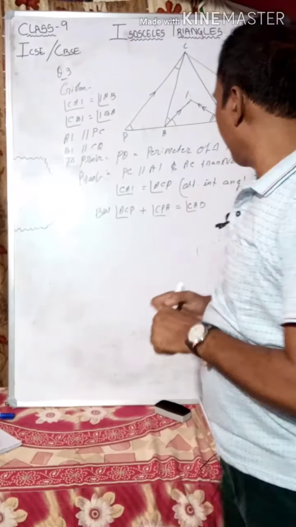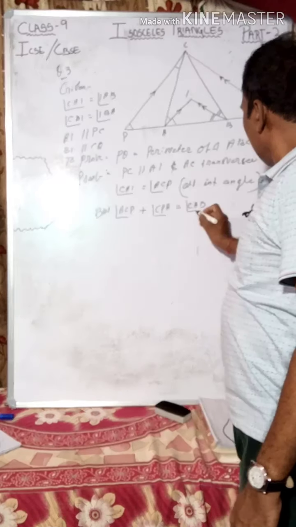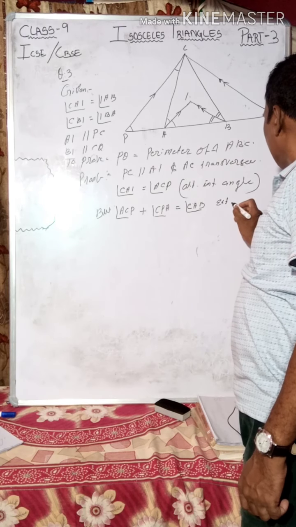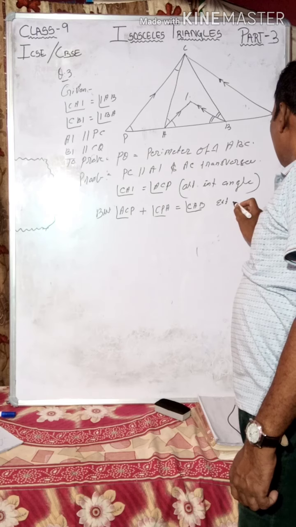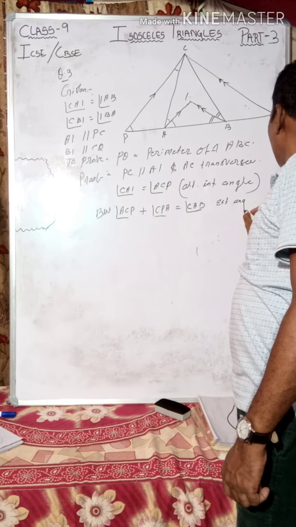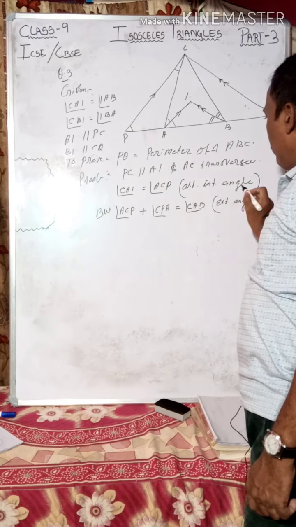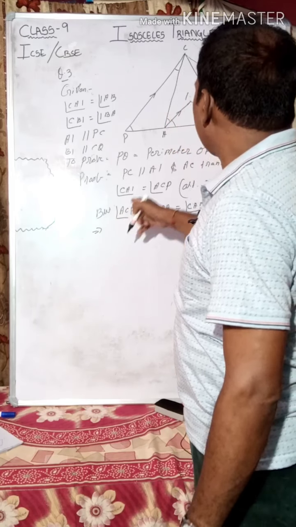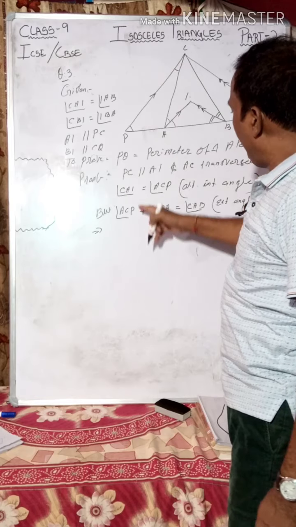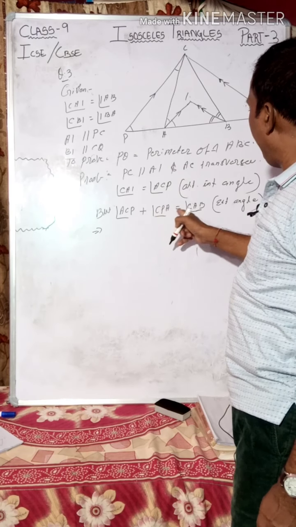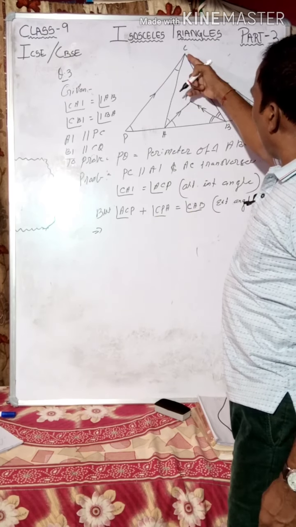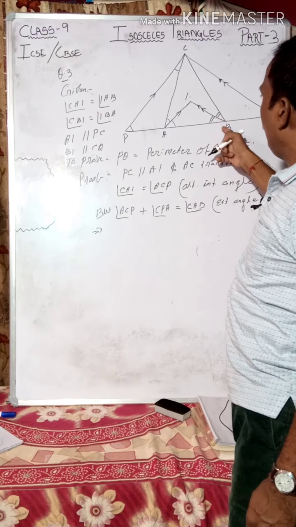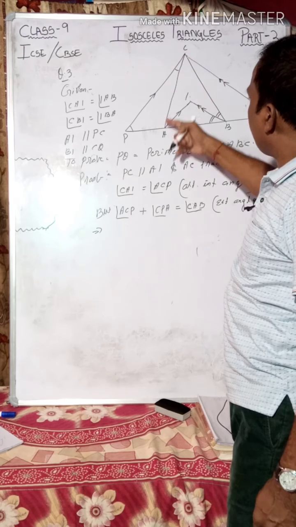So then ACP plus CPA is equal to this angle.